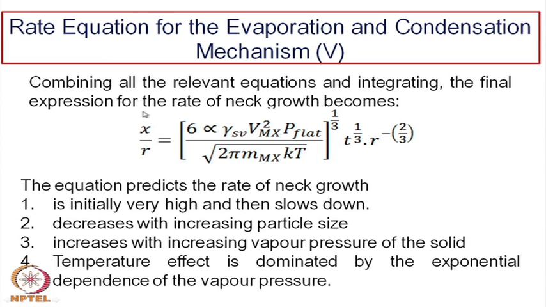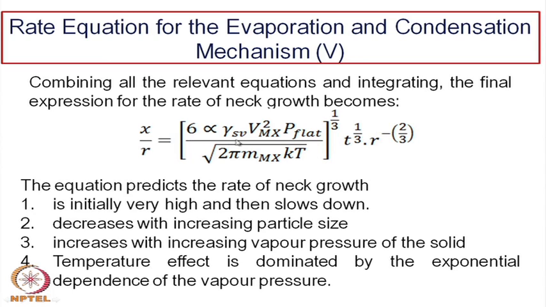So, that is a kind of kinetics or the growth of the sintering process. That means how the x is increasing from 0 to some value with respect to r. So, this becomes this kind of an equation. We are not going into the details, this is the final equation, but it gives us a lot of clues how this reaction is changing and what are the different parameters which control this phenomenon.